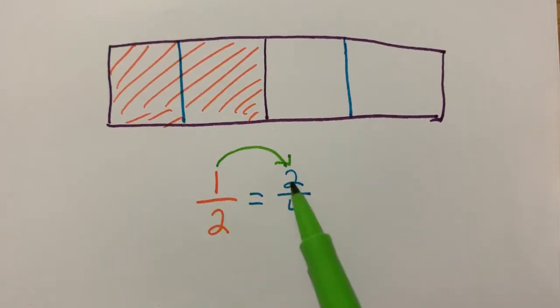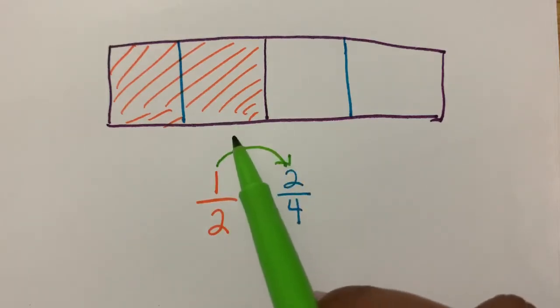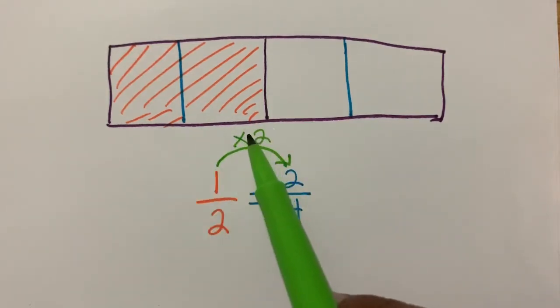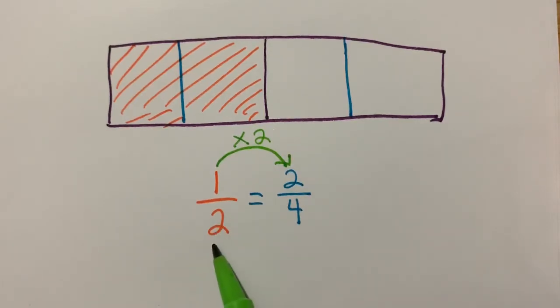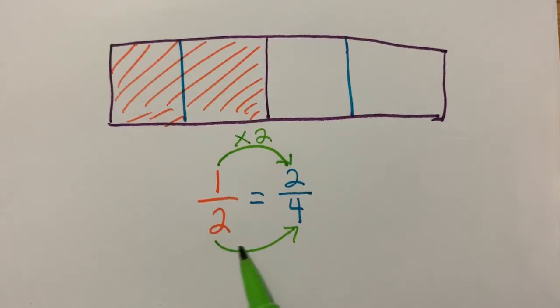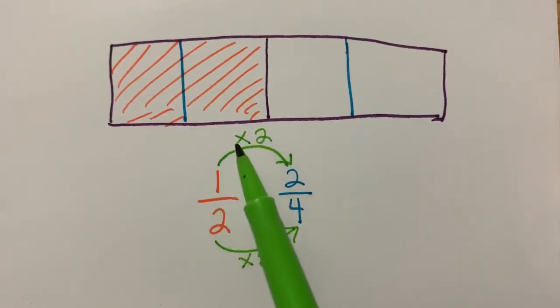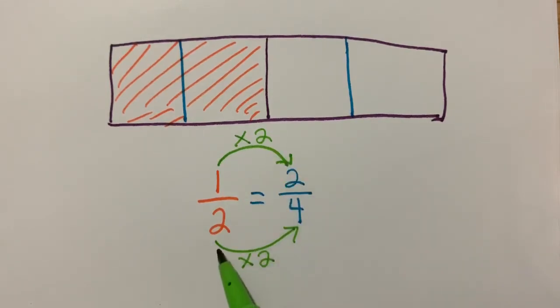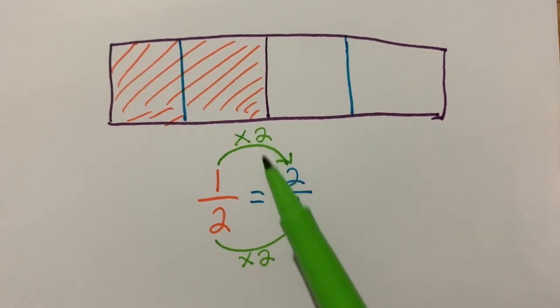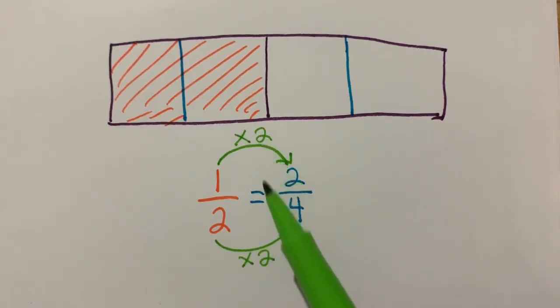So to get from 1 to 2, I multiplied by 2 and made 2 pieces out of each of my pieces. So I did the same thing with my denominator, and you will see that 1 times 2 gives me 2, and 2 times 2 gives me 4. Since this relationship is the same with both the numerator and denominator, then this proportion is equivalent, or the two fractions are equivalent.